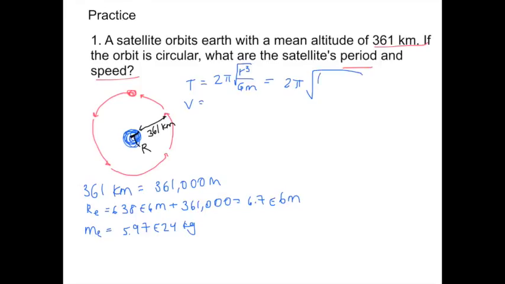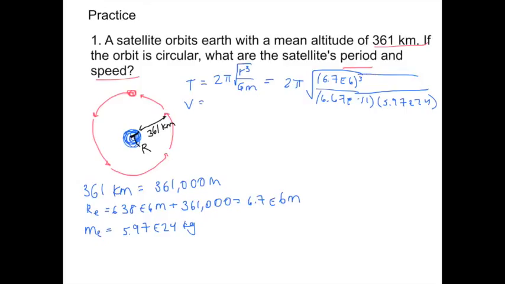The radius we found is 6.7 times 10 to the 6th. We're going to be cubing that, and then we'll divide by 6.67 times 10 to the negative 11th times the mass of the Earth, which is 5.97 times 10 to the 24th.